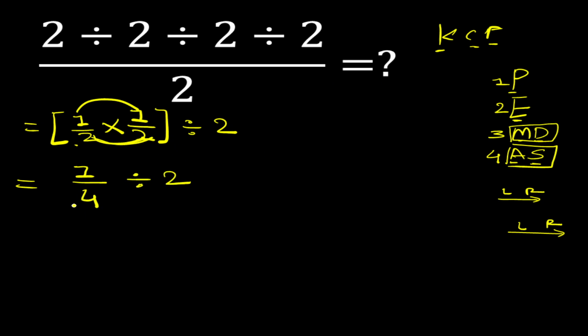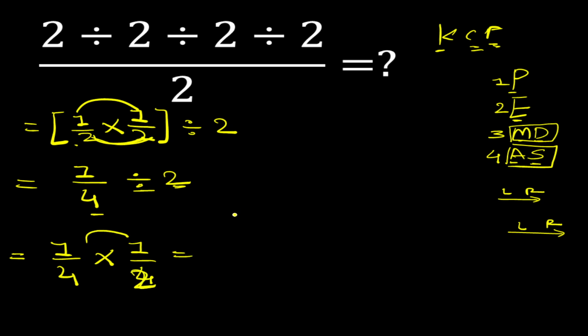Now according to the KCF rule, K means keep this first fraction as it is, 1 upon 4. Then C means change this sign from division to multiplication, and F means flip this second fraction, 2 is equal to 1 upon 2.